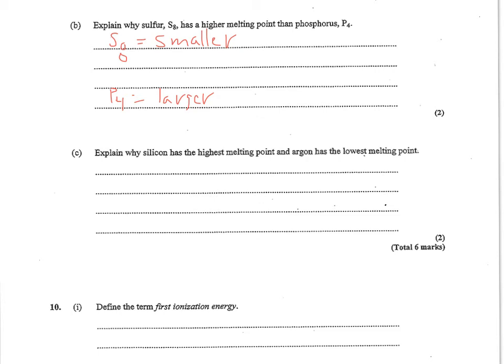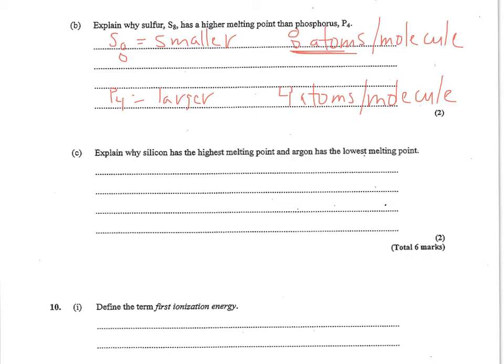And the other big thing is there's 8 atoms per molecule, whereas with P4 there's only 4 atoms per molecule. And since this is all about van der Waals forces, there's going to be a lot more temporary dipoles possible when you have 8 atoms and all those bonds in S8 versus much fewer atoms in the P4.